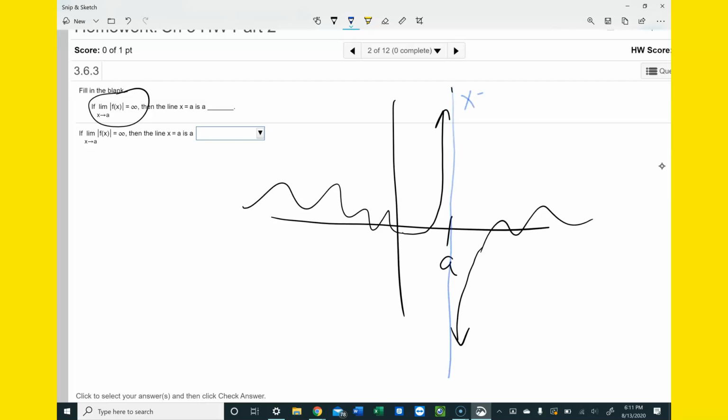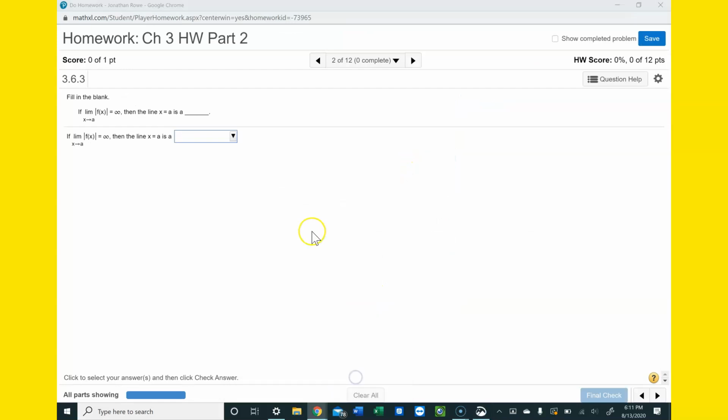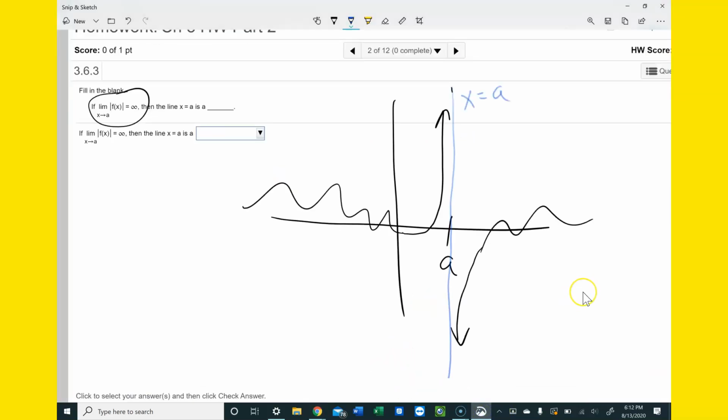That's the line x equals a. And when this is the case, we call the line x equals a a vertical asymptote. All right, let me go to the drop-down menu and see if that's the choice. Yes, a vertical asymptote. A vertical asymptote is a vertical line that the function approaches vertically.